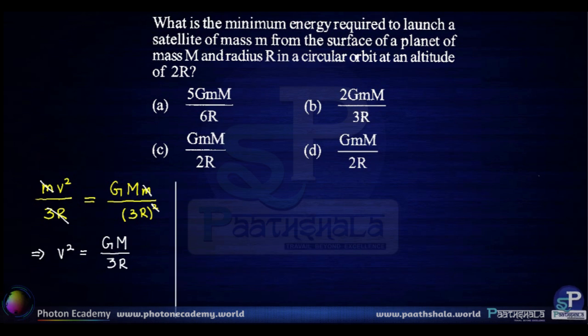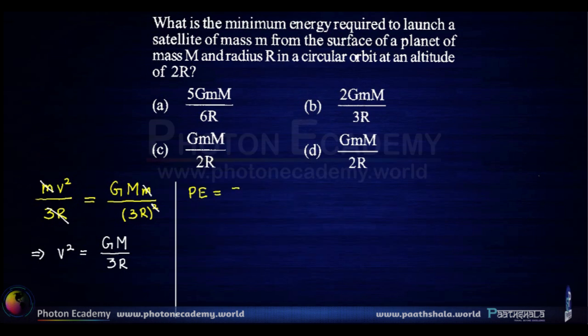Now the potential energy of any gravitational field is given by potential energy equal to the negative of G capital M small m divided by small r, where small r represents the separation between the two bodies.